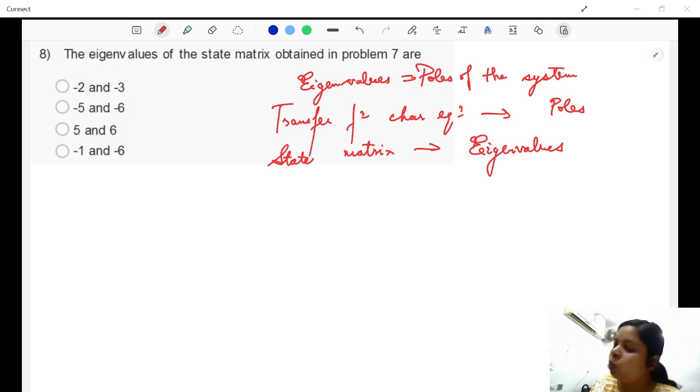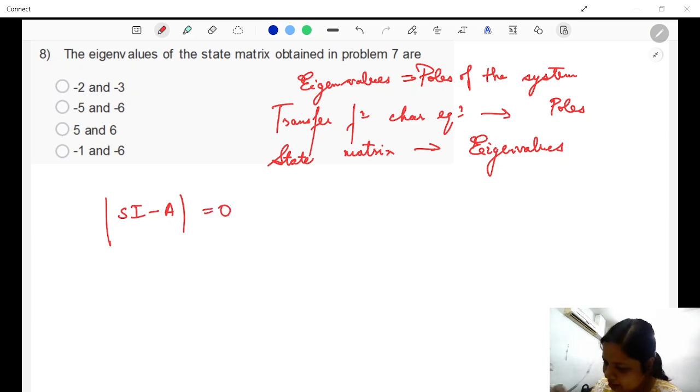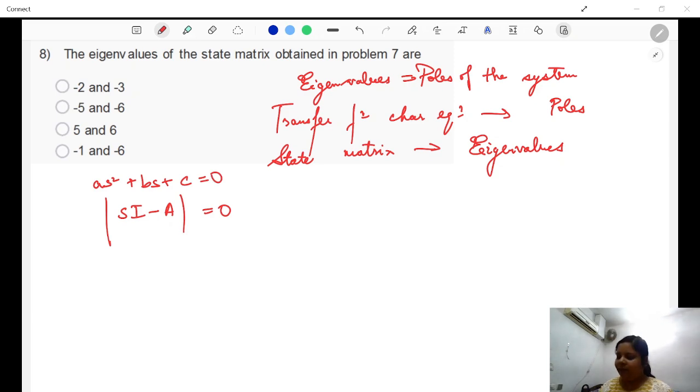What you really do to get eigenvalues is the determinant of sI minus A equal to 0. Whereas for the characteristic equation, if it is second order, it is some s square plus some bs plus c is equal to 0. So this is the way we do. What was your A over here?